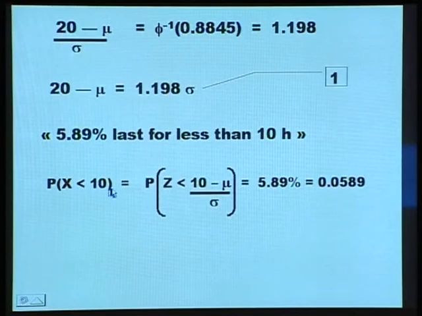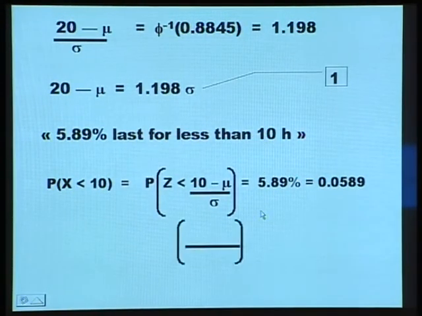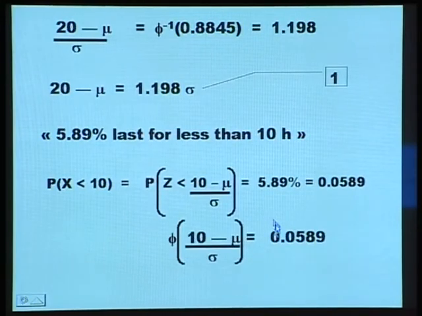Therefore, after standardization, Z would be less than 10 minus mu over sigma, which is 0.0589. Again, writing it in terms of phi, since we have less than, it is phi directly, so phi of 10 minus mu over sigma is 0.0589.